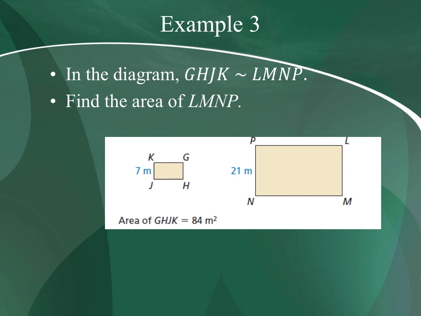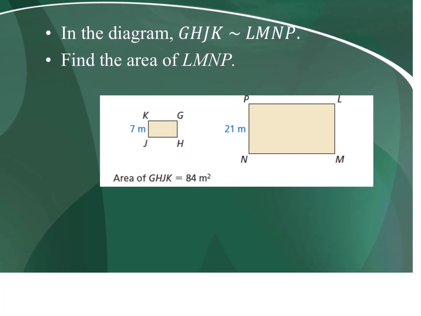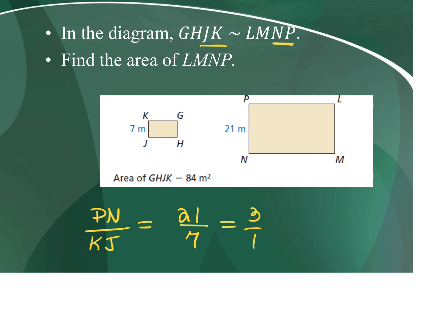So the ratio of the side lengths or my scale factor would be to take PN and put it over KJ, because again, PN is the last two, and so is the KJ. So if I take those sides, I end up with 21 over 7, which reduces to 3 to 1.